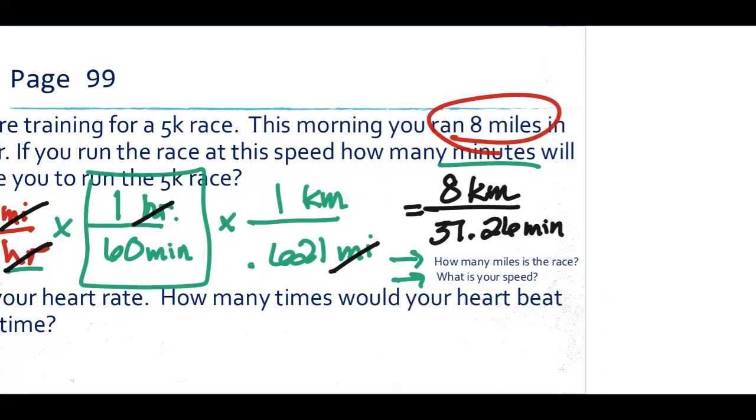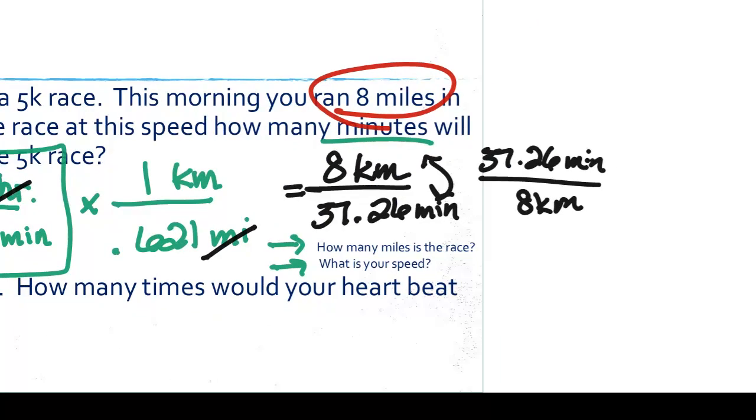How long will it take us for 5 kilometers? So what I'm going to do is switch that up and turn this topsy-turvy. 37.26 minutes is for 8 kilometers, but we are only going 5. So times 5 kilometers, so the kilometers are going to cancel out.